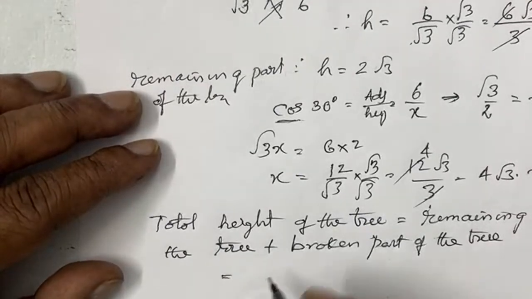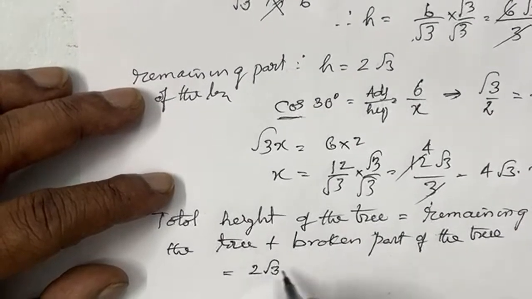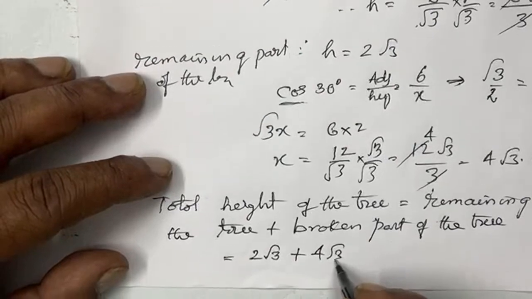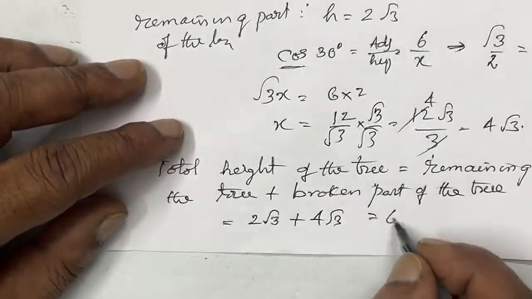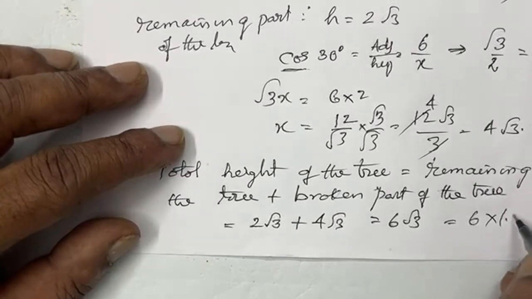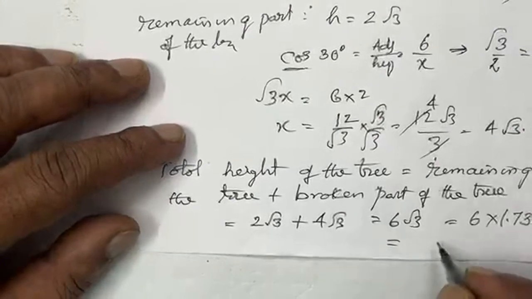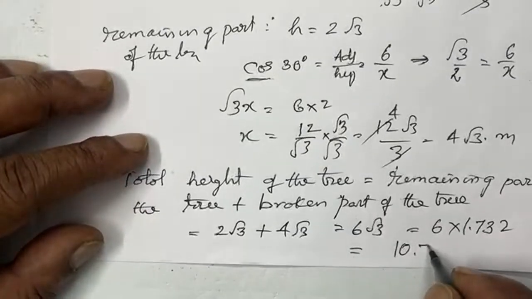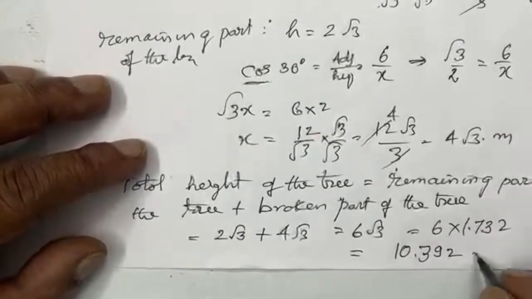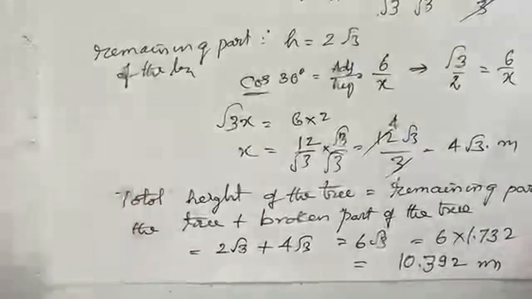Here 2 root 3 is the remaining part and 4 root 3 is the broken part, total we are getting 6 root 3. So 6 root 3 means 6 into 1.732. If you multiply, we will get 10.392 meters. This is the total height of the tree.